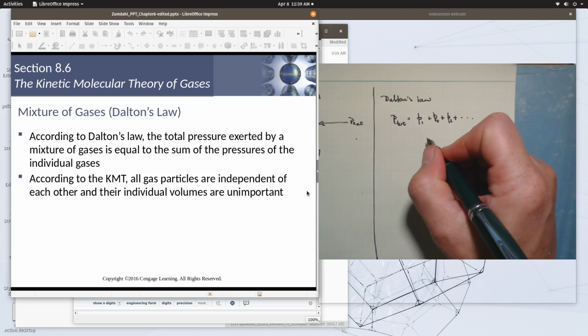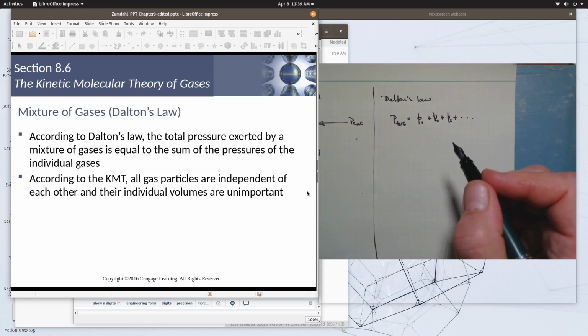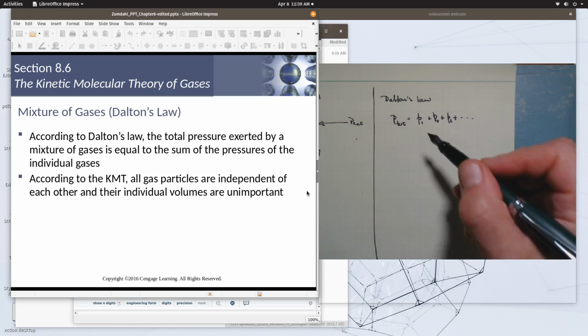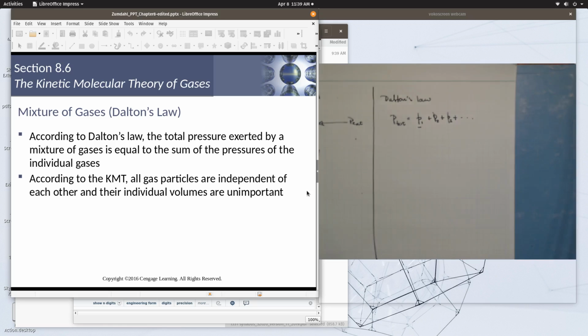The individual partial pressure. So the reason this works out from the kinetic theory is that a gas molecule of species 1 really doesn't know anything about the other gas molecules that are in the system. It's moving around as if it sees a full volume and exerts a pressure.